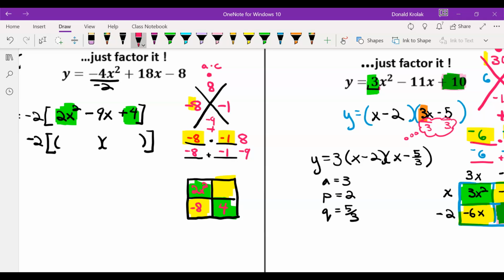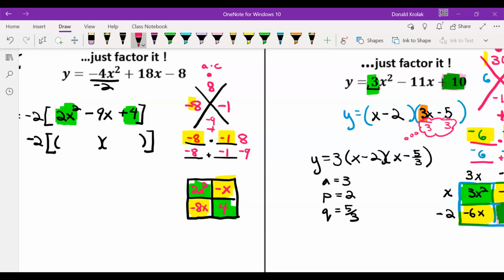Negative 8 with an x, 1. Nope. You could switch these two. It doesn't matter. I always do these two the same. It probably wouldn't matter the other way either. But with the 8 and the negative 1, it doesn't matter.